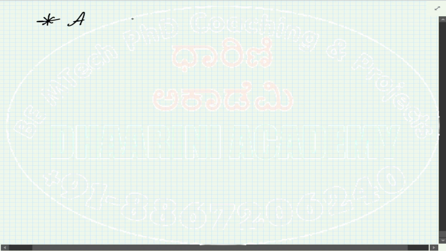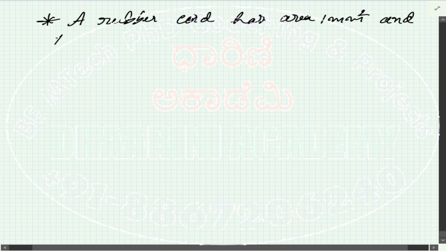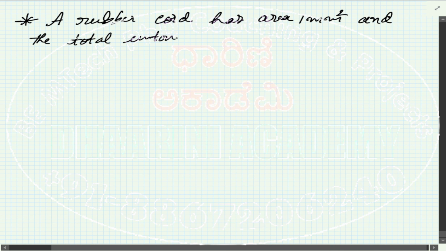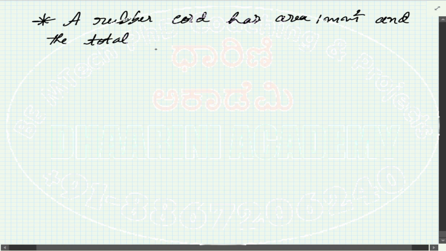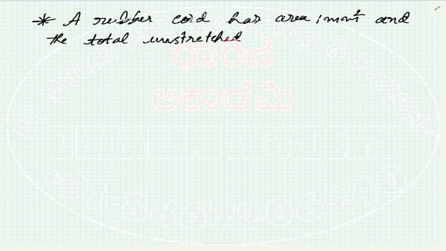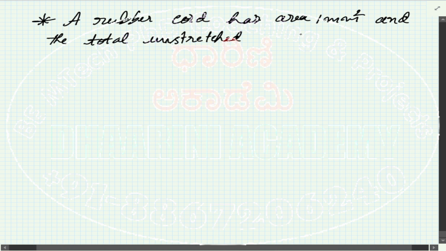We have a rubber cord that has area 1 millimeter square and a total unstretched length of 10 centimeter.